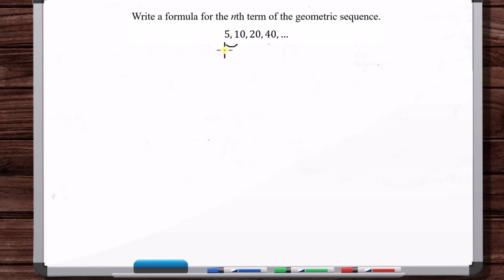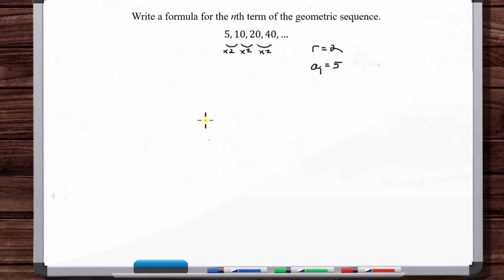To go from 5 to 10, we multiply times 2. To go from 10 to 20, we multiply times 2. To go from 20 to 40, we multiply times 2. So we've got an r of 2. What else are we given? Well, we know the first term, so a sub 1 is equal to 5.